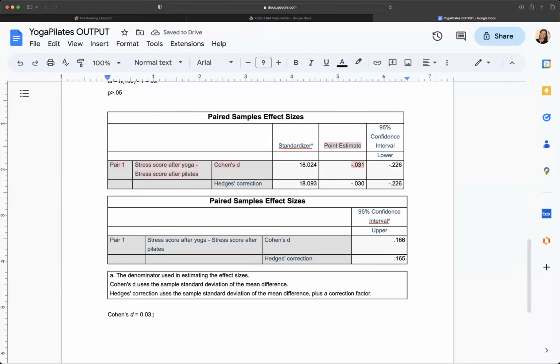It's a measure of size, so you can just use the absolute value. So Cohen's d is 0.03. And I'm going to put a note that this is very small. This is less than the small cutoff point. So you can put very small, almost zero. But again, it's in the wrong direction, so it's still not support for your hypothesis, no matter what.